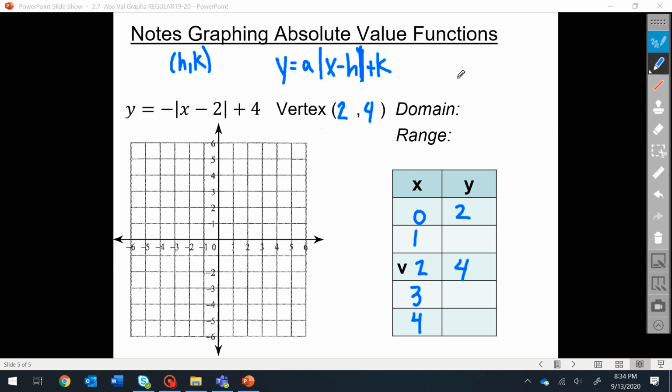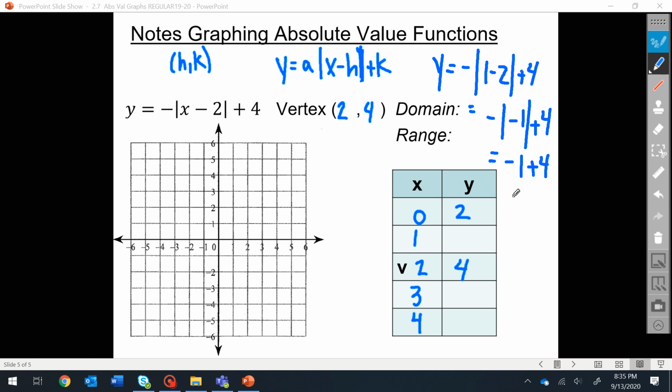Let's try it with 1. So we're going to do y is equal to negative absolute value of 1 minus 2 plus 4. So that would be negative, absolute value of 1 minus 2 is negative 1, and then plus 4. So that would be negative, absolute value of negative 1 is 1, plus 4, which is 3. So our next ordered pair is going to be 1, 3.